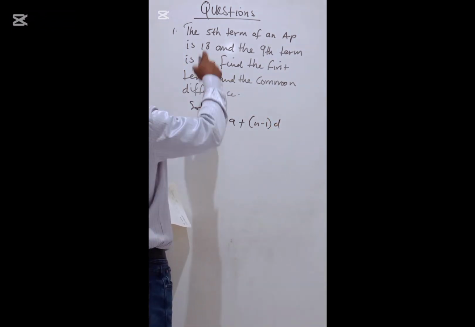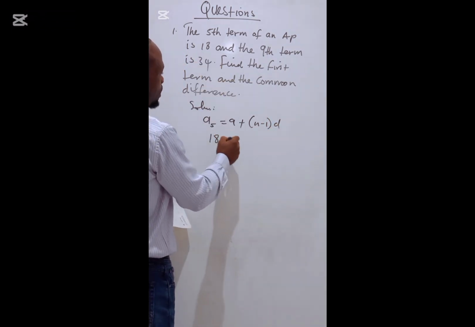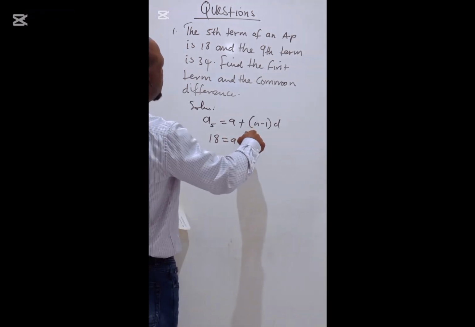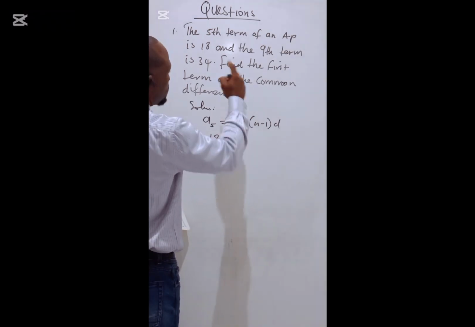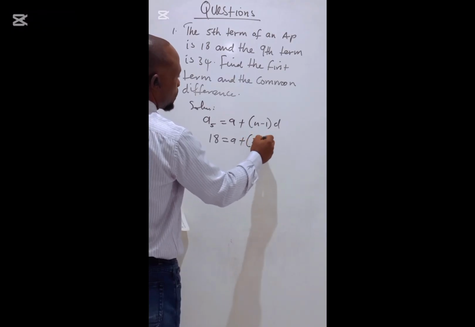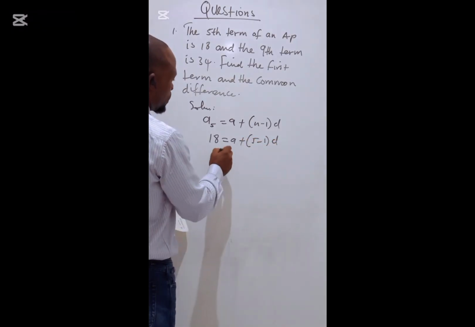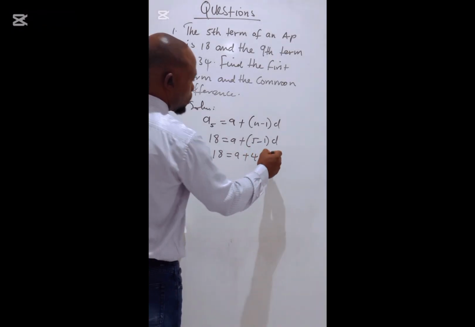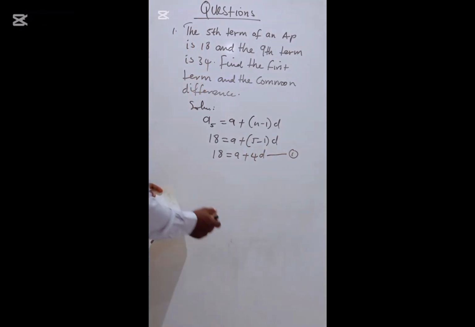The 5th term is 18, therefore 18 is equal to first term, which is unknown, a, plus 5 minus 1 times d. Therefore 18 is equal to a plus 4d. I'm going to call this equation 1.